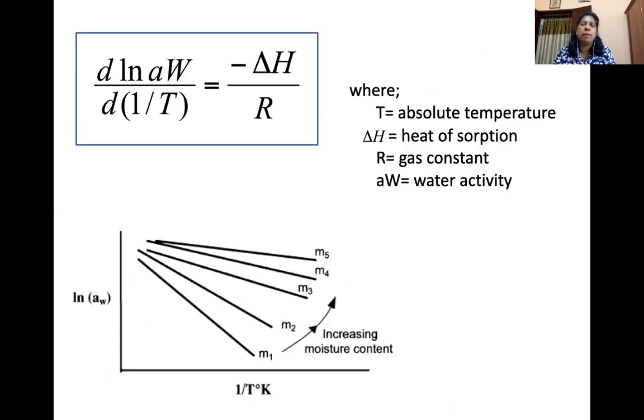It's a very complicated equation, where T is absolute temperature, delta H is the heat of adsorption, R is the gas constant, and water activity is also given. Now the equation is given, and you can see what happens with increasing moisture content: M1, M2, M3, M4, M5.